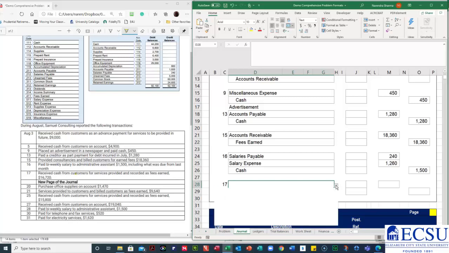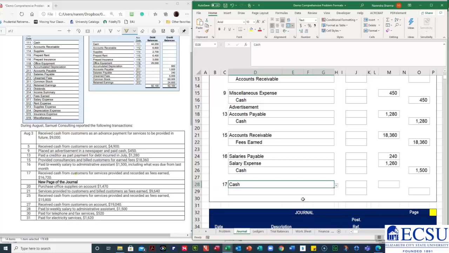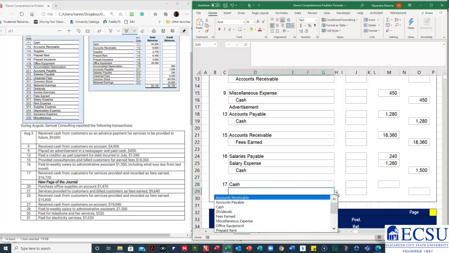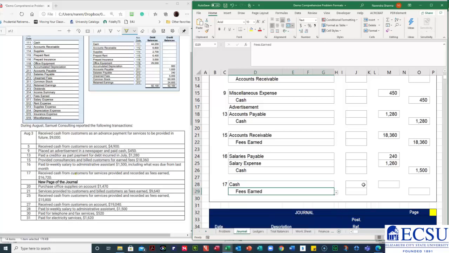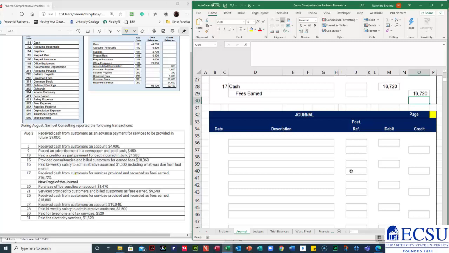I have received cash, so therefore I will be debiting cash, and I am receiving that for fees earned, so I'll be crediting that, and the amount is going to be 16,720 and 16,720. Okay, so that's how we deal with that. Now it says a new page of the journal, so I'm going to start with a new page.